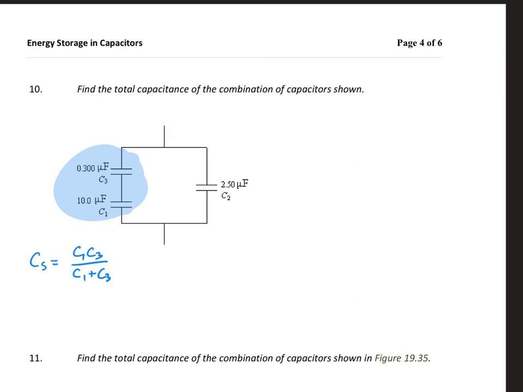All right, and if we plug and chug all the values in that one, we'll get 0.3 micro times 10 micro over 10.3 micro, and that's going to work out to be 0.291 microfarad. Yay. Then this thing is in parallel with that thing.